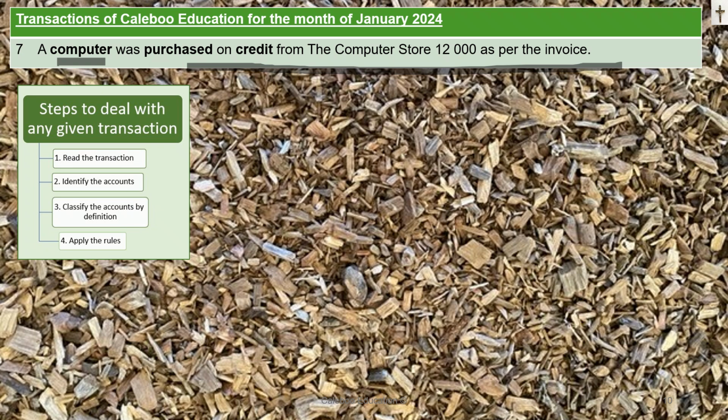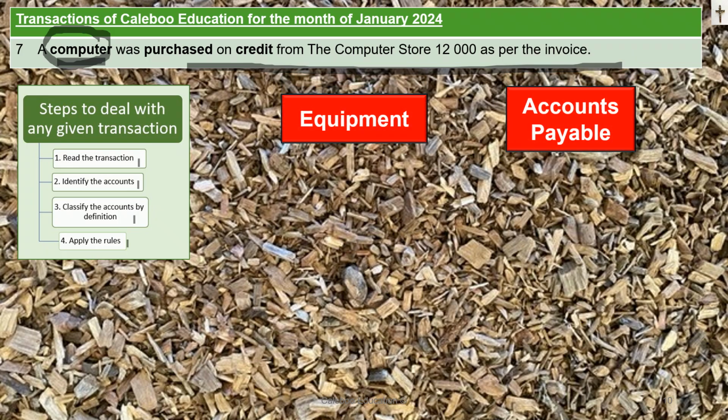So we read the transaction, identify the accounts involved. I think I'm going to group computers underneath equipment. We're going to classify these accounts that are involved, and we're going to apply the rules. So equipment, yes, computer.